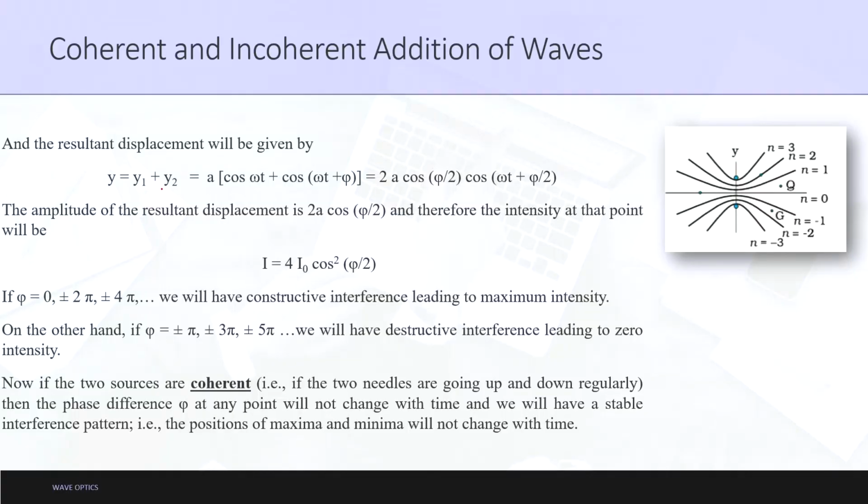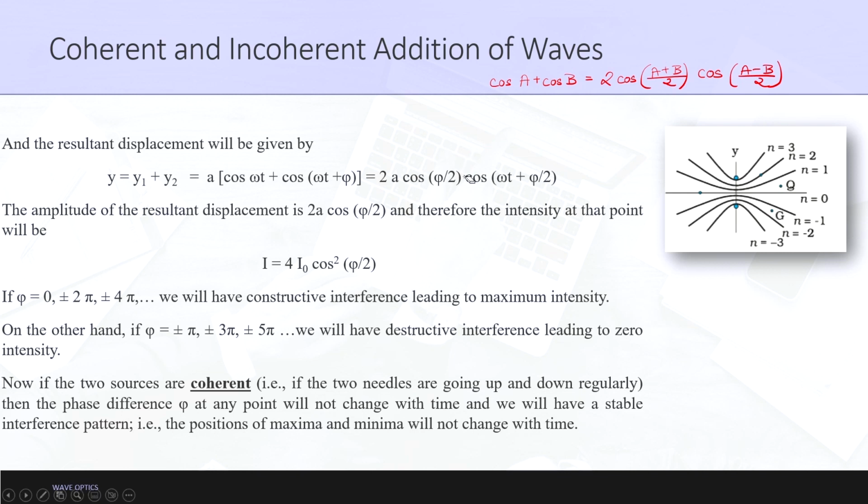So here the displacement is the vector sum y1 plus y2, which is equal to a into cos omega t plus cos of omega t plus phi. Here the simple mathematical formula, cos a plus cos b is equal to 2 cos of a plus b by 2 cos of a minus b by 2, is being used.